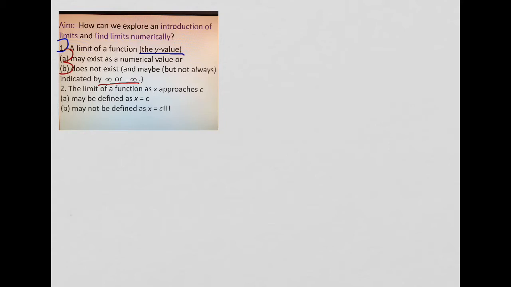If your y values get arbitrarily large and positive, then you can say it's positive infinity. If they get arbitrarily large and negative, we can say it's negative infinity. Let's say x approaches c, and that value of c is not in the domain of the function. Then we just write does not exist, or D and E.